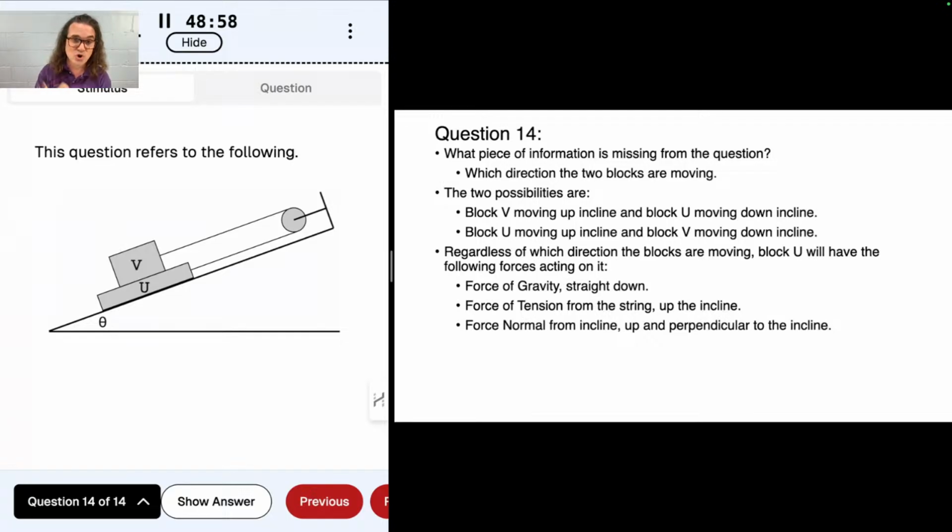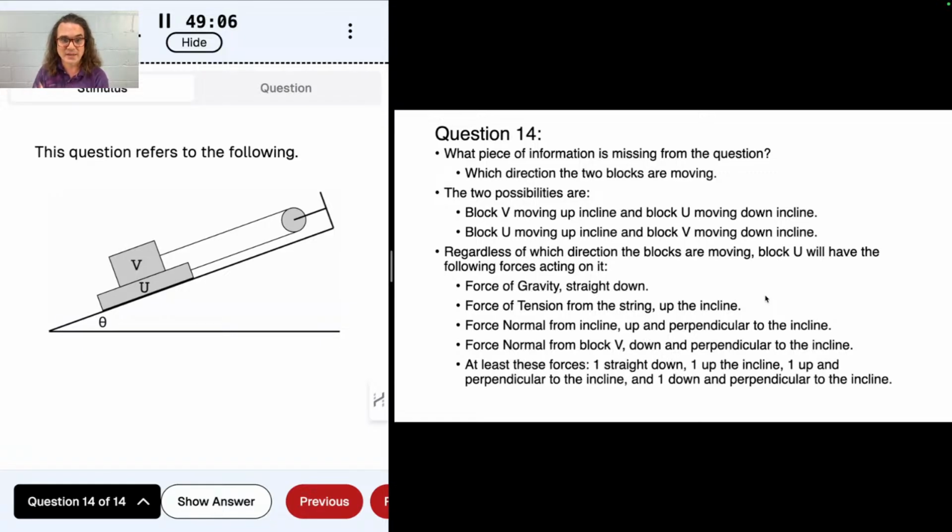It will have the force normal from the incline up and perpendicular to the incline, and the force normal from block V down and perpendicular to the incline. So there are at least these forces, one straight down, one up the incline, one up and perpendicular to the incline, and one down and perpendicular to the incline. So we know those forces are in the free body diagram.